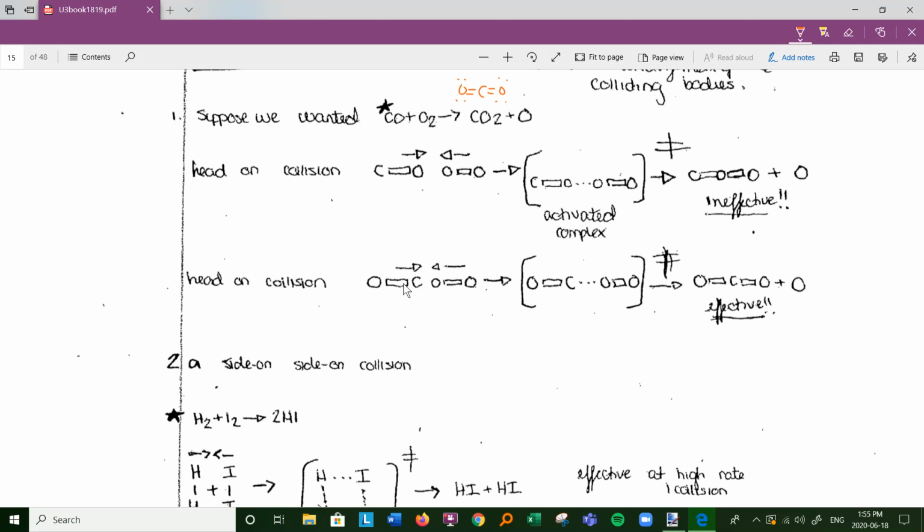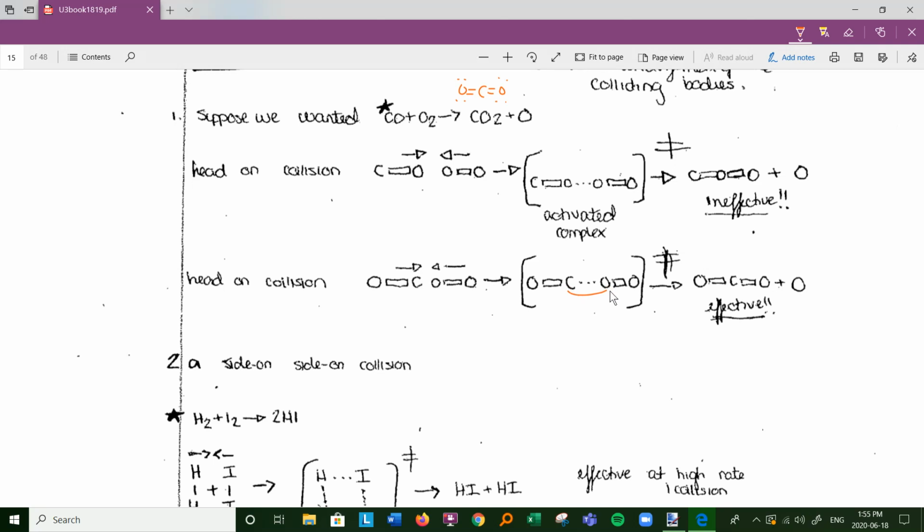If instead we flipped the carbon monoxide around so it was the carbon end of carbon monoxide attacking the oxygen of O2, but these are just ball and stick diagrams. I'm not using the single, double, or triple bond, just to show things smashing together. Here you start to form a bond between the carbon and oxygen.